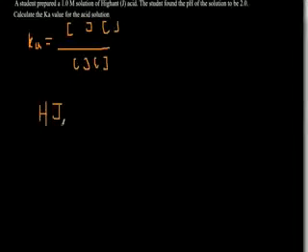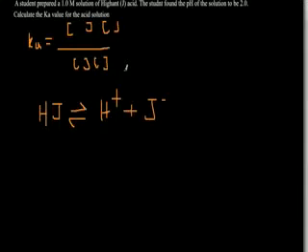This is just for explanation purposes. So you have an HA compound, and it's at equilibrium, and it goes to H plus, there's the H there, and then J minus. Now remember, this is not an actual compound, but it does not matter what type of compound it is in this problem. So you have this.